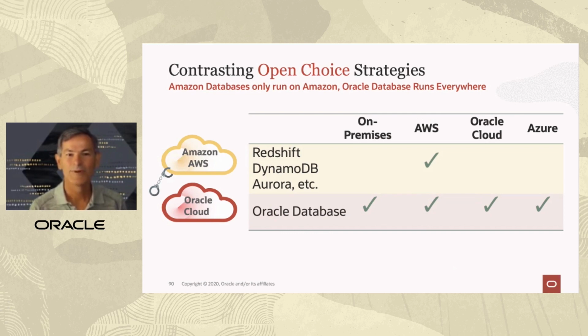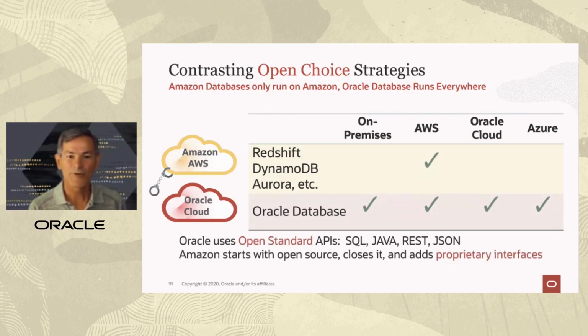For example, when you look at Amazon databases, they only run on Amazon. Oracle database runs everywhere, on-premise, on Amazon, in the Oracle Cloud, in Azure. Furthermore, Oracle uses standard APIs, open standard APIs like SQL, Java, REST, and JSON.